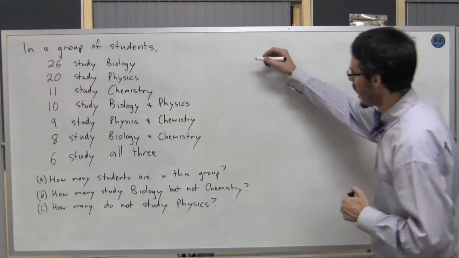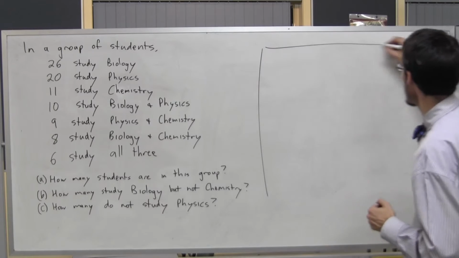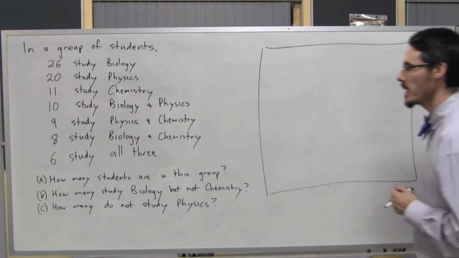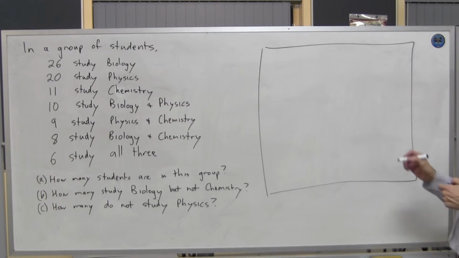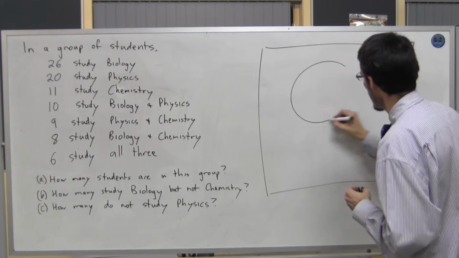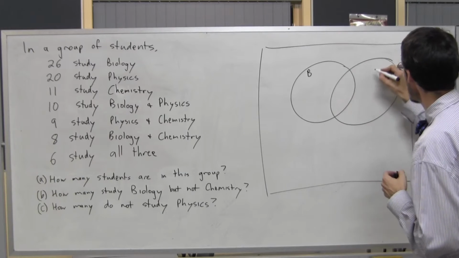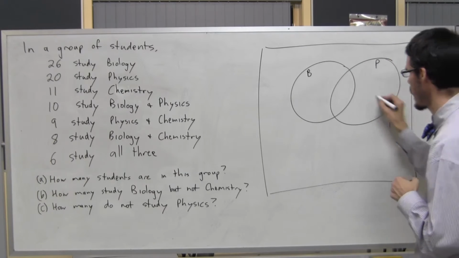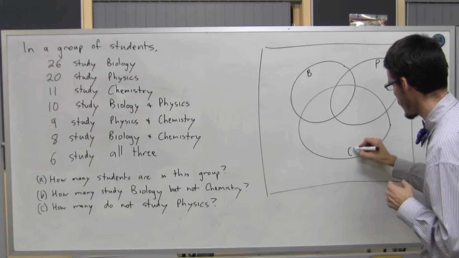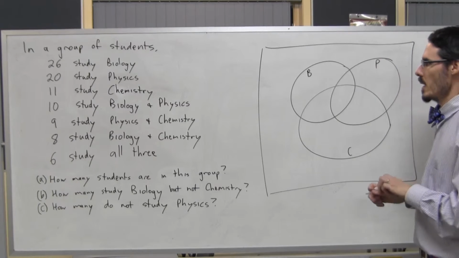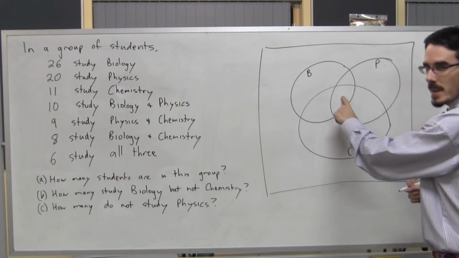So set up your Venn diagram. Only this time we're going to have 3 intersecting circles. Biology, physics, and chemistry. Notice there is a section where they all intersect.